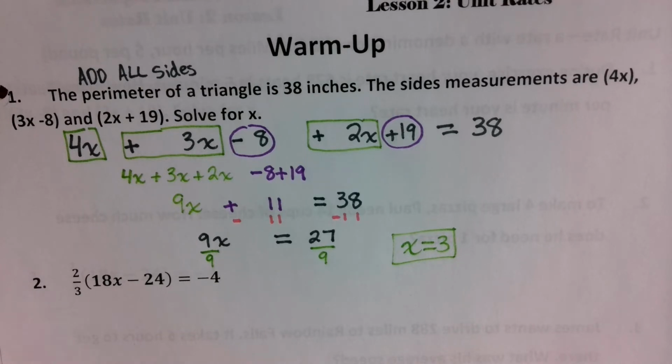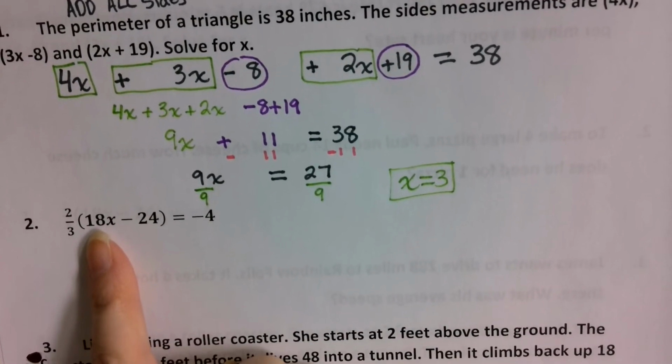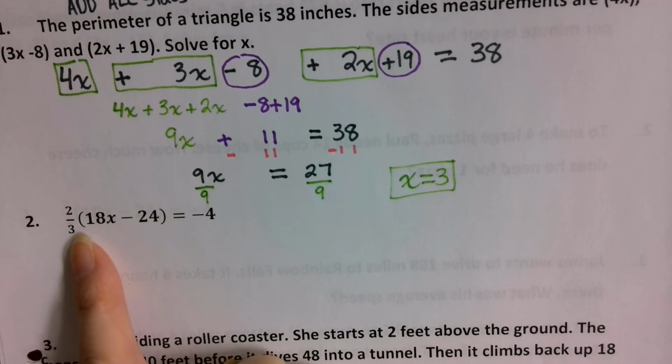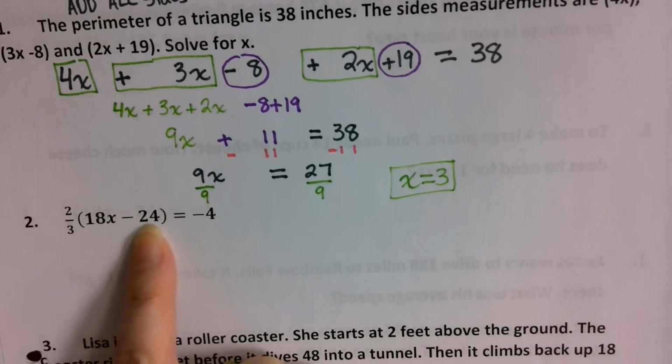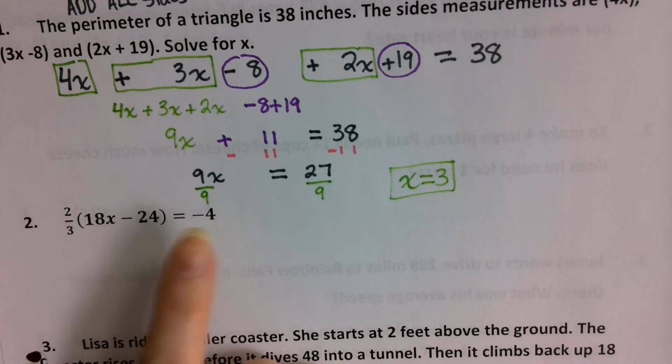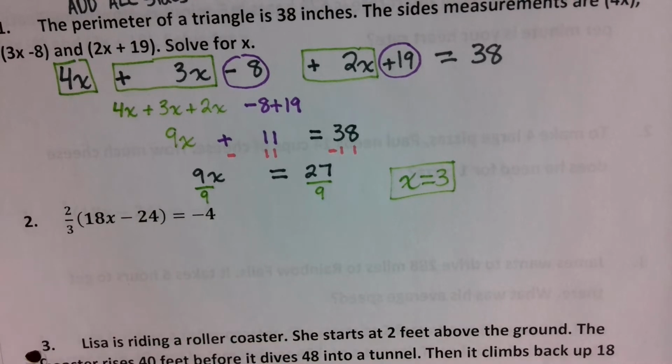All right, for problem number 2, we have 2/3 on the outside, and inside parentheses we've got 18x minus 24, and then the whole thing is set equal to negative 4. What are we supposed to do first? Whenever we see parentheses, everyone should have their hand raised to answer something like this. If we see parentheses, what are we supposed to do, Noman?